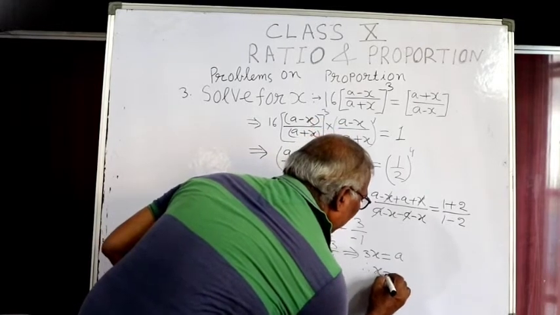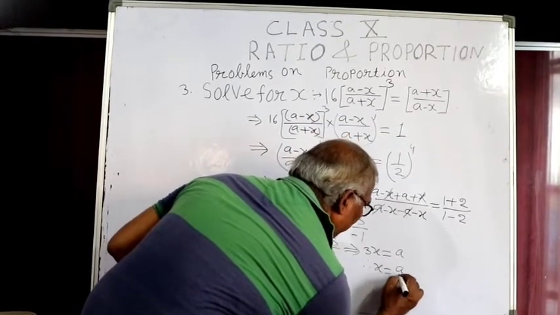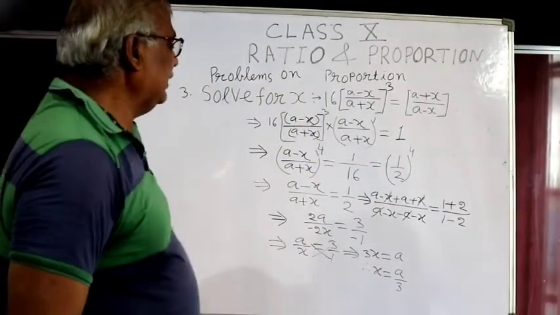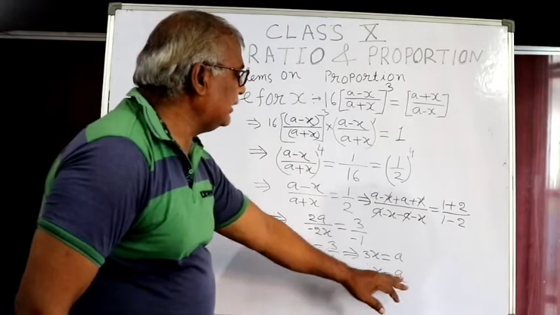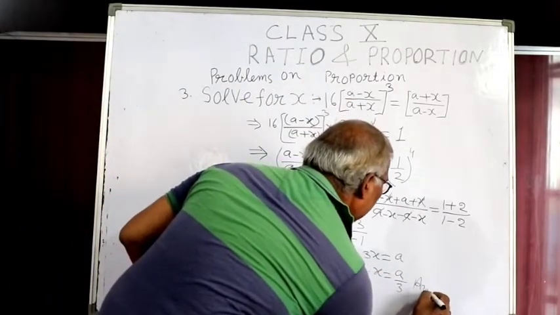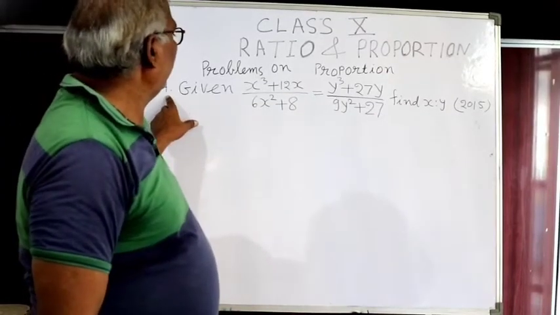Therefore x is equal to a upon 3. Solve for x. Here the value of x is equal to a upon 3. This is the answer. Now question number 4.